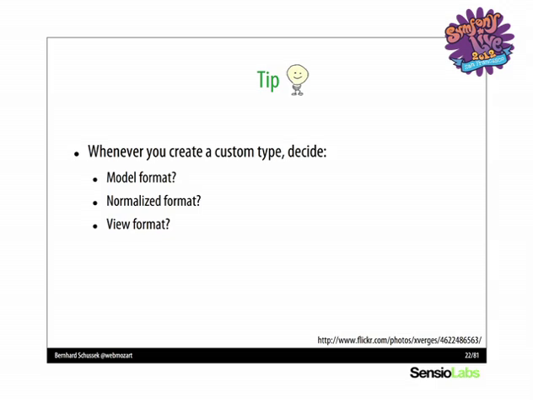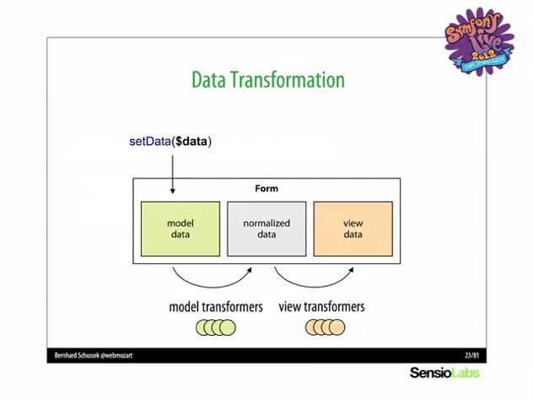Okay? It's very important. Now, the transformation between these different formats, the model format, the normalized format, and the view format, happens using data transformers. So whenever you call setData, the data will be written into the form instance in the model data format, will then be transformed to the normalized format, and then transformed to the view format using the model transformers and the view transformers.